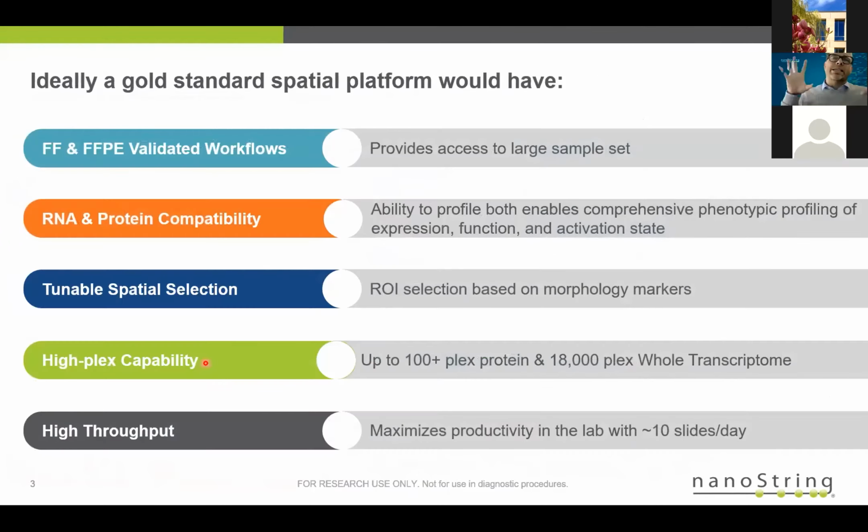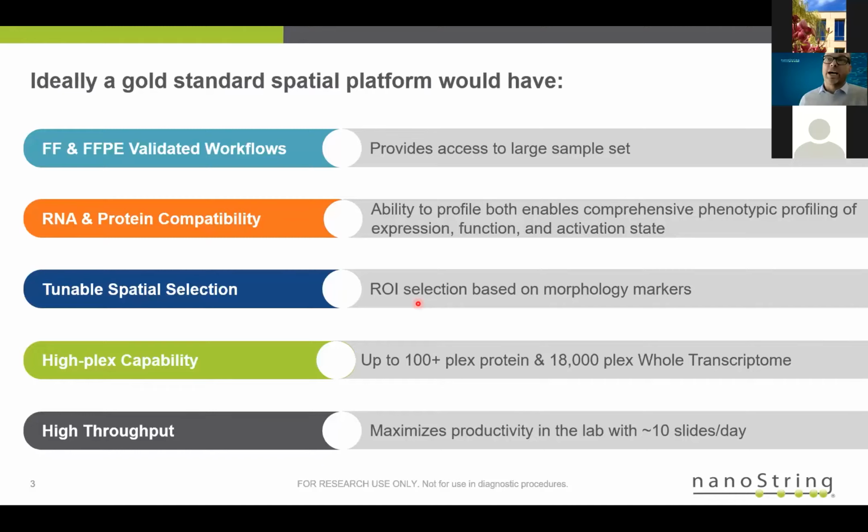I'd like to at least briefly say what's special about it at a really high level. This is a spatial platform that is going to give you FFPE and fresh frozen. We can do this now. Everything here is doable now. We do RNA and protein. We have tunable ROI selection, and I've got quite a few slides that explain that, because there's really big flexibility in being able to pick your ROIs and defining that early.